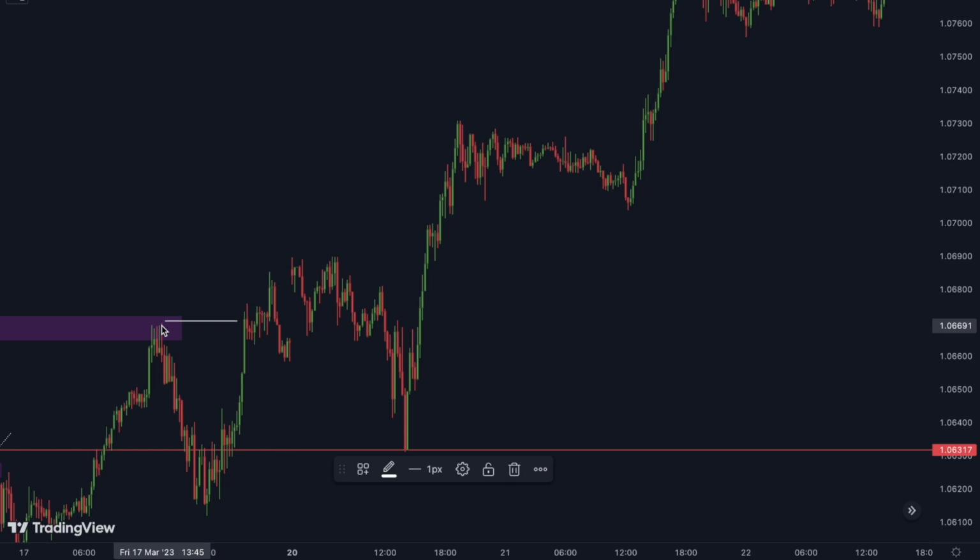Those who were buying, whose stop losses were over here, also got hit, and those who were selling got their stop losses hit because they probably set their stop losses above this area. Those who were buying thinking of this as a candle close, their stop loss also got hit over here, if not here, probably over here.